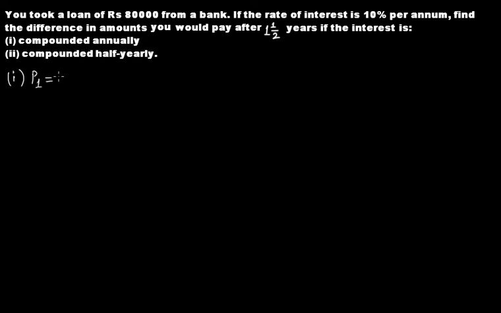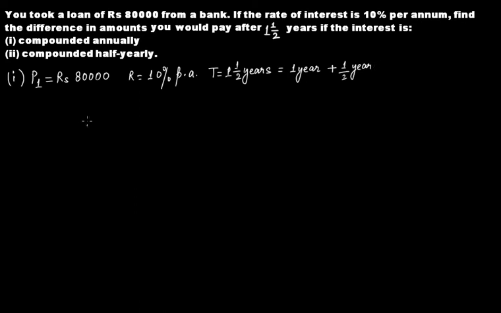So P1 is rupees 80,000 and rate is 10% per annum and time period is 1.5 years. Now 1.5 years means 1 year plus half year, right?